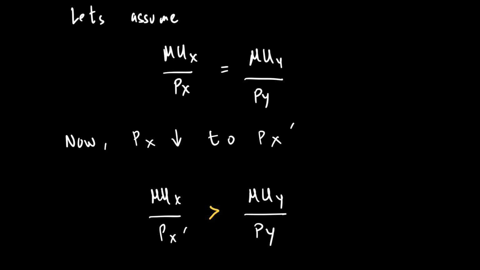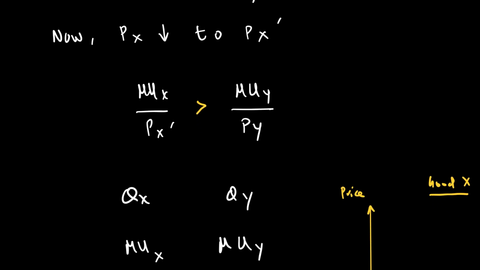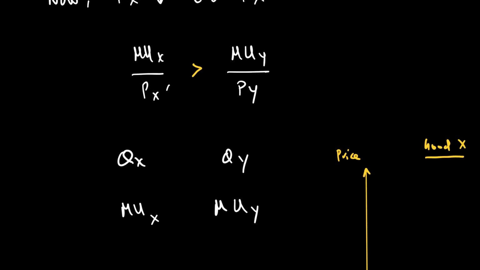Our response will now not be the same anymore, because we want to buy more of X, since the marginal utility per dollar spent for good X is more. So I will buy more of X and less of Y. But when I buy more of X and less of Y, my MU of X starts to fall because of the law of diminishing marginal utility, and MU of Y will start to rise because of the same reason.